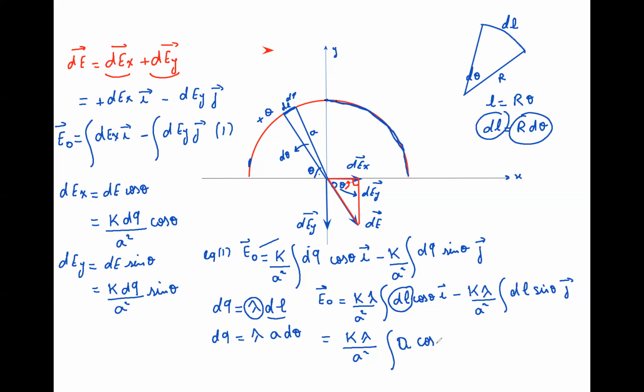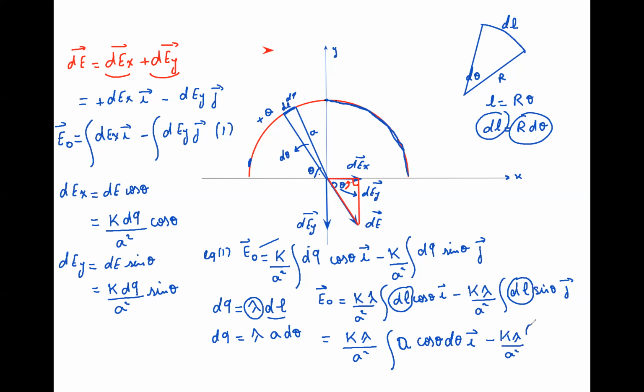We can write cosine theta d theta, with dl equal a d theta, in the direction of i, minus k lambda divided by a square, also with dl equal a d theta.